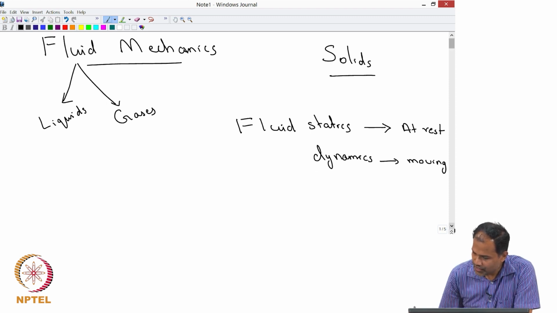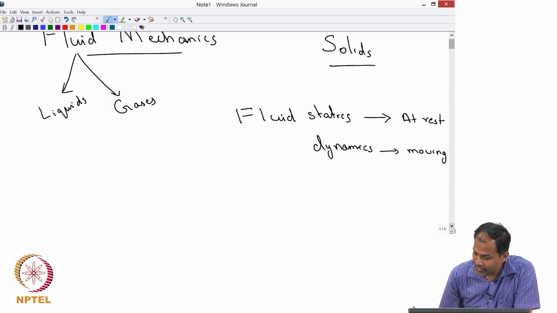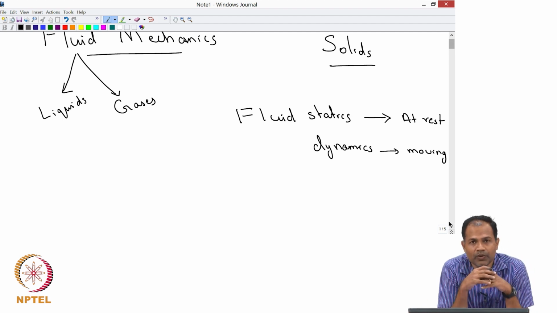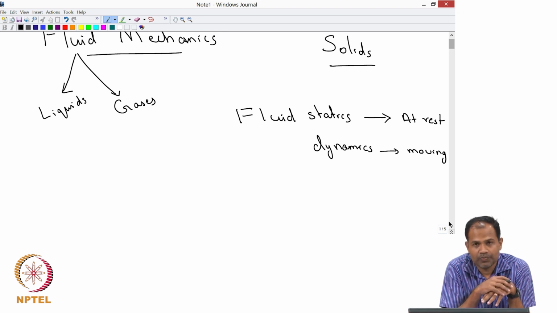So, where do we encounter fluids, or where is this study important? See, fluids you encounter very often all around you. Imagine at the moment you are breathing, you are inhaling the air, you are absorbing the things that are required in your lungs and then the rest is thrown out, right. So, there itself fluid mechanics comes into action.